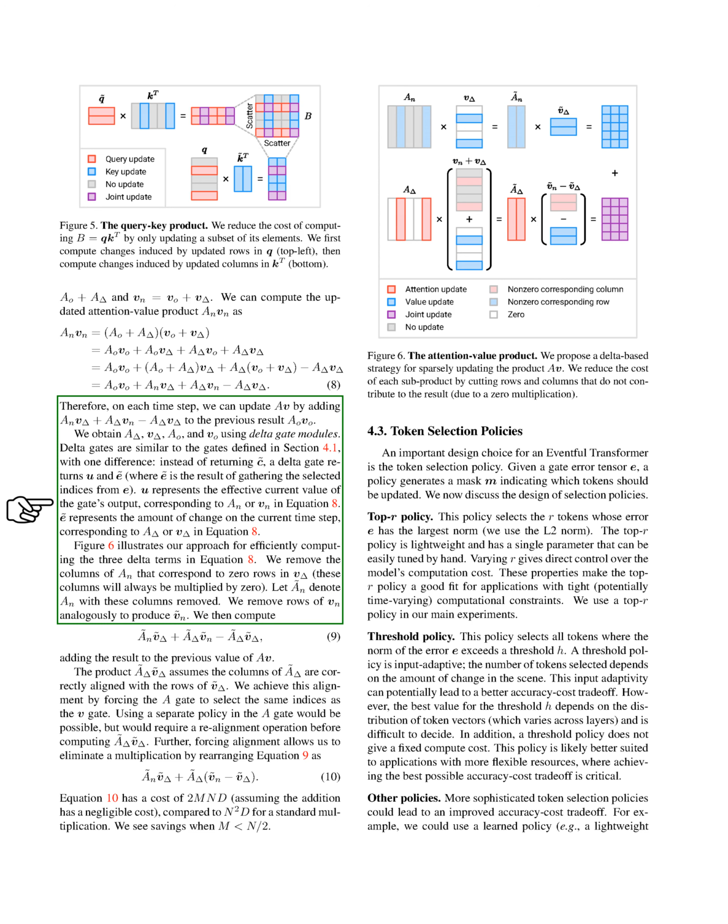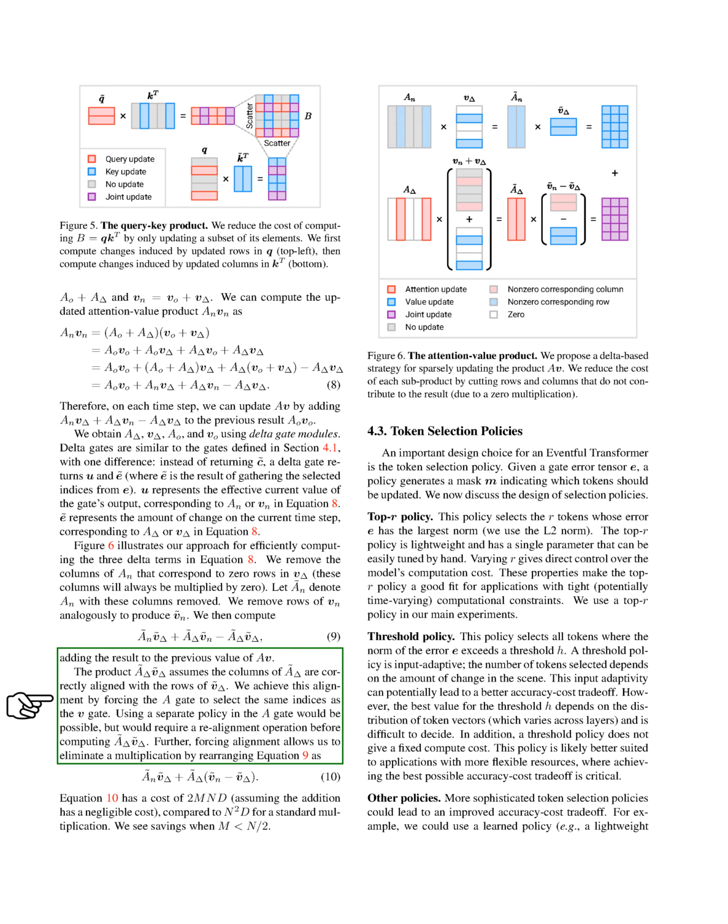The product ~A_delta ~V_delta assumes the columns of ~A_delta are correctly aligned with the rows of ~V_delta. We achieve this alignment by forcing the A gate to select the same indices as the V gate.